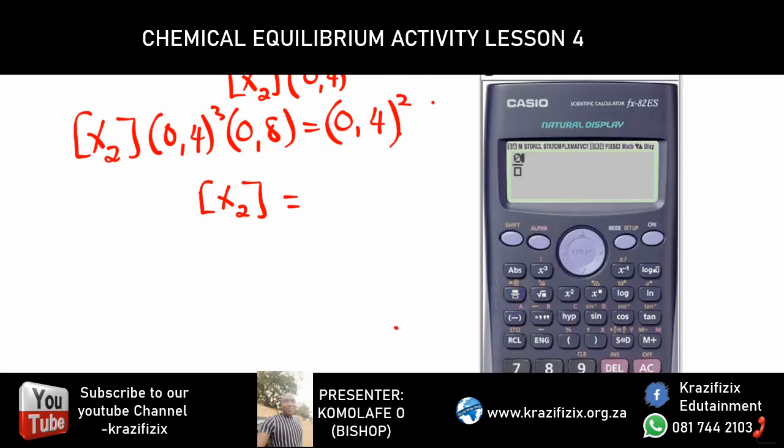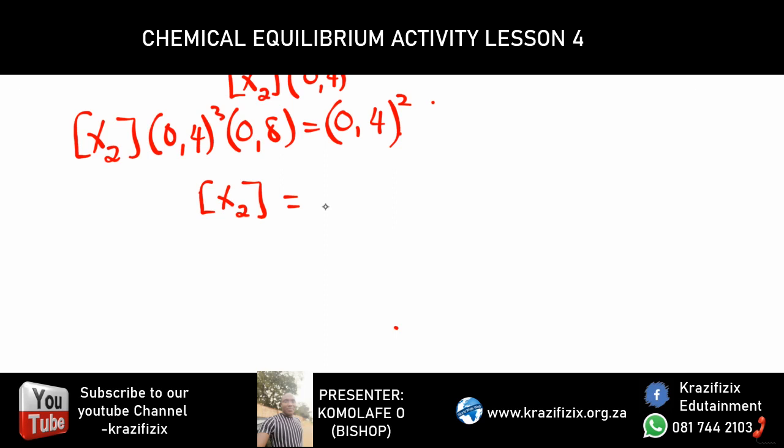All right, so you have 0.4 squared over 0.4 cubed, multiplied by 0.8. I'm sure you know your maths. All right. So what do I have? I have 3.125. But that is the concentration.